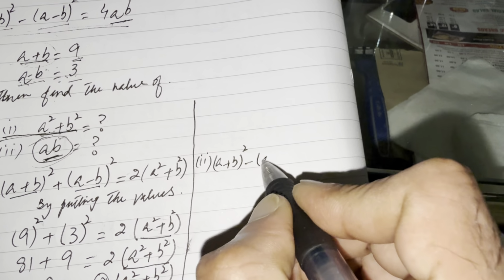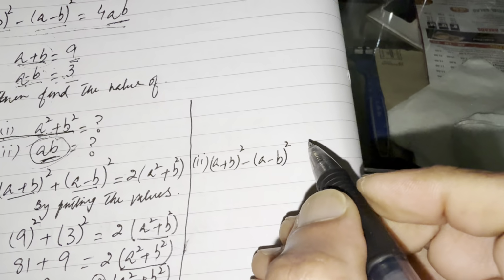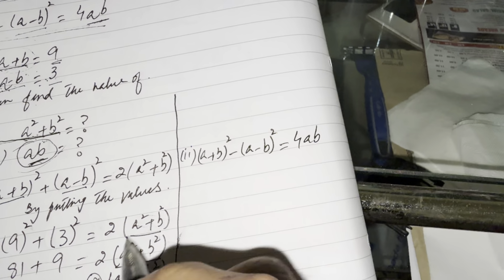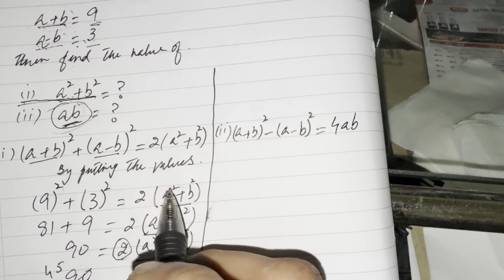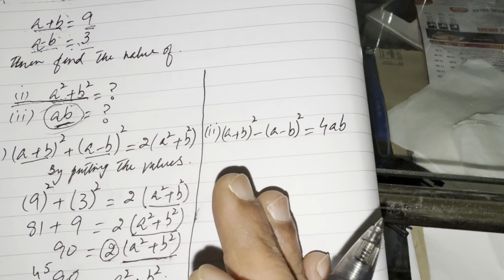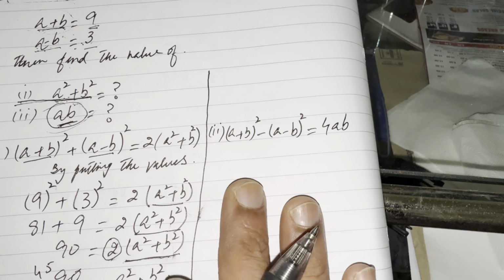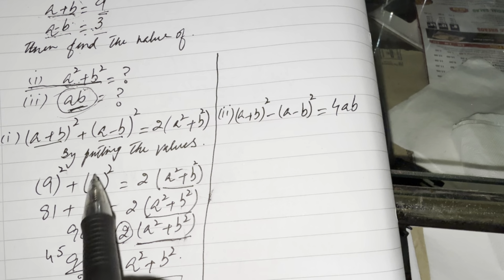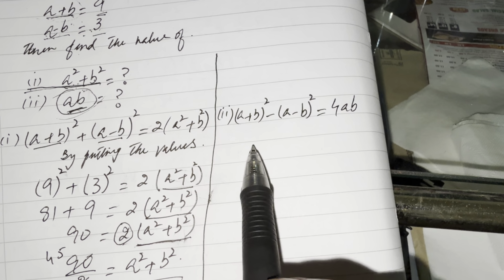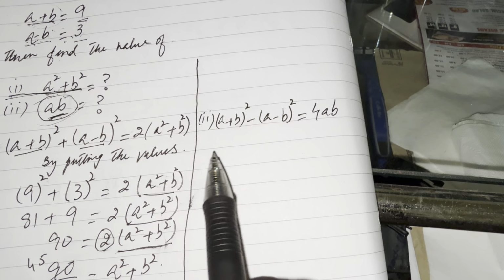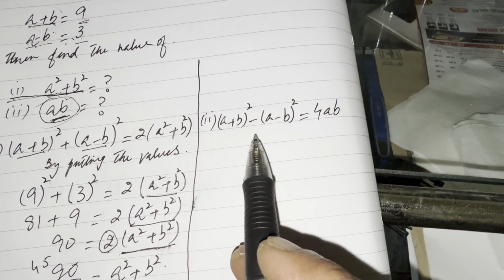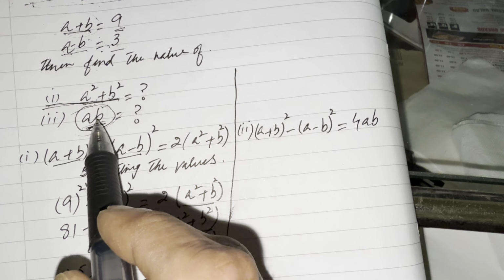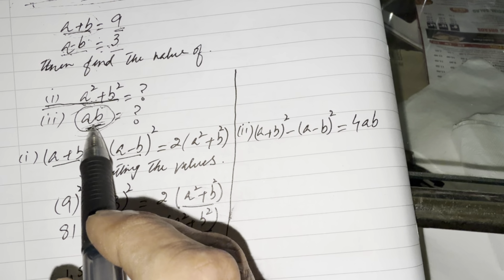Again I'm using this half page because the first question I have solved over here, so you can see step by step how I'm going to solve the second portion of the question, how we can find the value of AB.